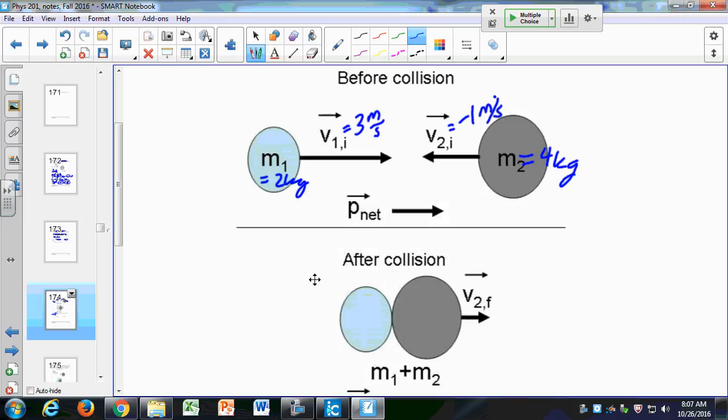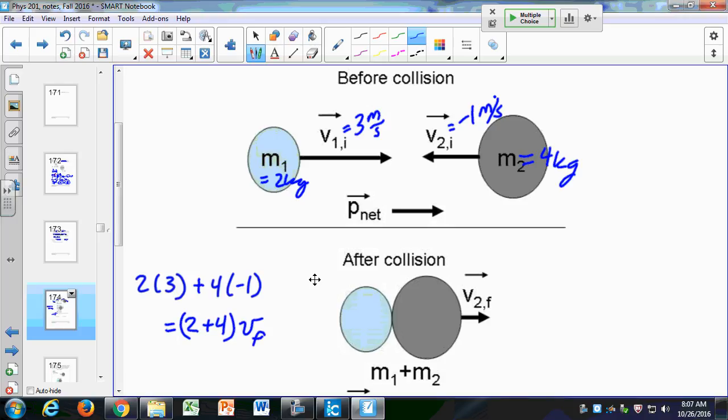Just like we've been doing, I say the initial momentum, that's 2 times 3 plus 4 times negative 1. That's equal to the final momentum, which is going to be 2 plus 4 times Vf.